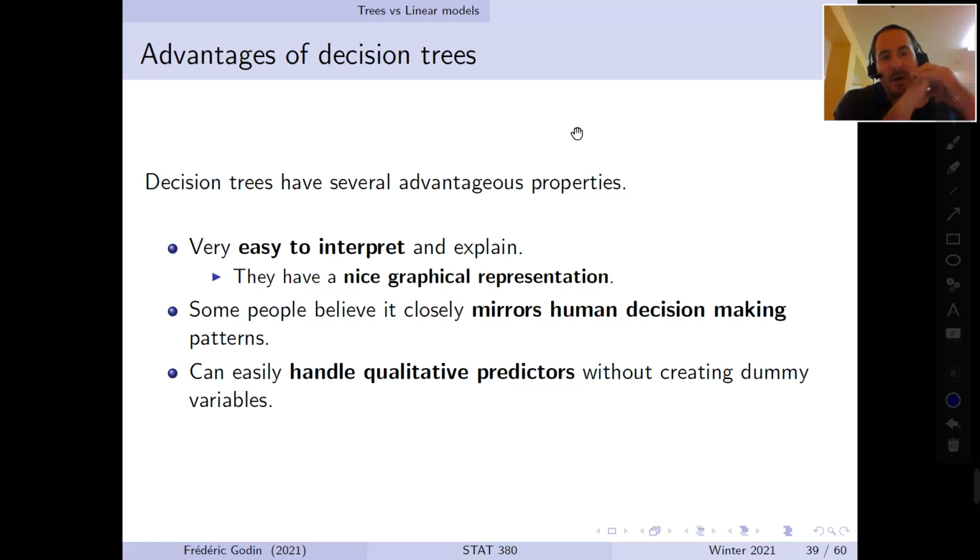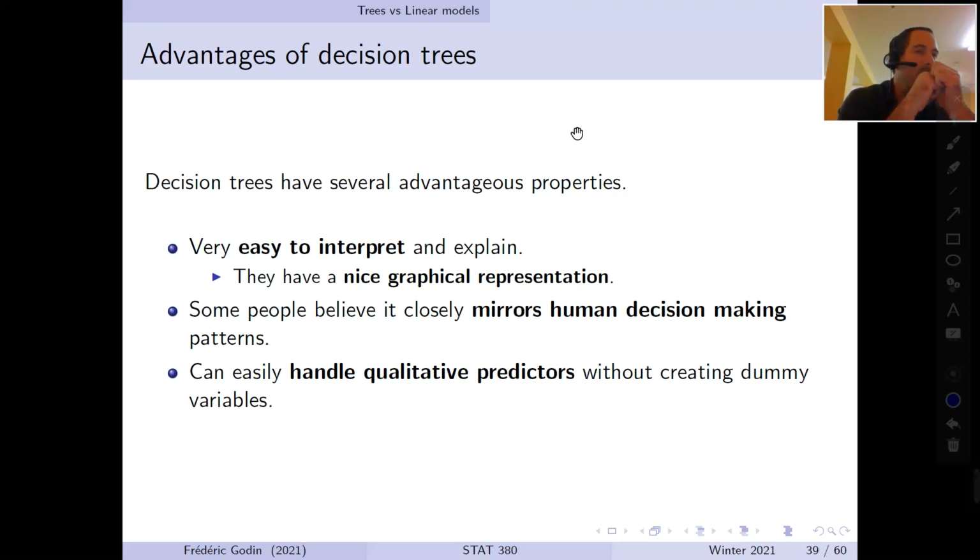It's also believed by some people that decision trees closely mirror human decision making patterns. When we make decisions with predictors, we don't mentally calculate something like polynomial regression. We have thinking patterns which are a bit analogous to decision trees.